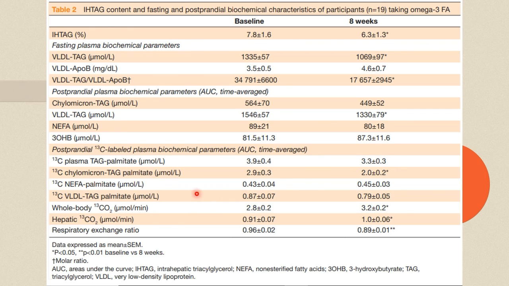As you can also observe, the triacylglycerol also has significant change, which means that really the omega-3 fatty acid has an effect on the IH TAG percentage in the body.